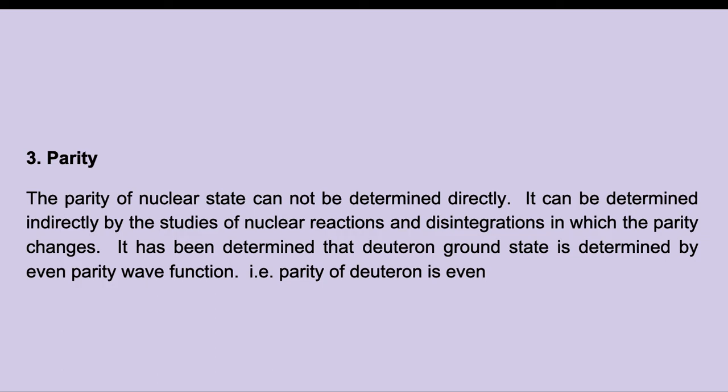Parity. The parity of a nuclear state cannot be determined directly. It can be determined indirectly by studies of nuclear reactions and disintegrations in which the parity changes. It has been determined that the deuteron ground state is described by an even parity wave function. That is, the parity of the deuteron is even.